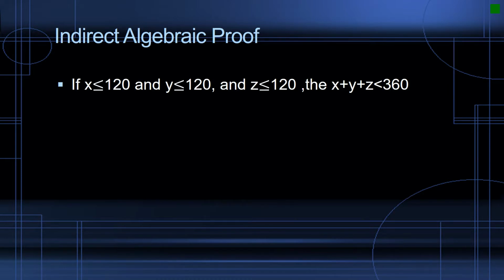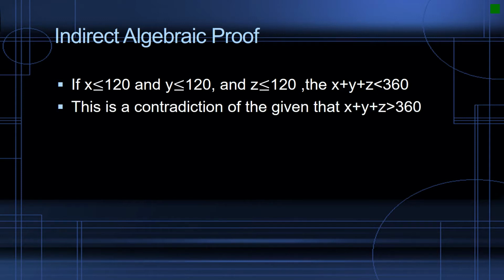All right, if X is less than 120, and Y is less than 120, and Z is less than 120, then X plus Y plus Z is less than 360. All right, well, we're moving along. That makes sense to me. This is a contradiction of the given. Now remember, the given was X plus Y plus Z is greater than 360 miles.